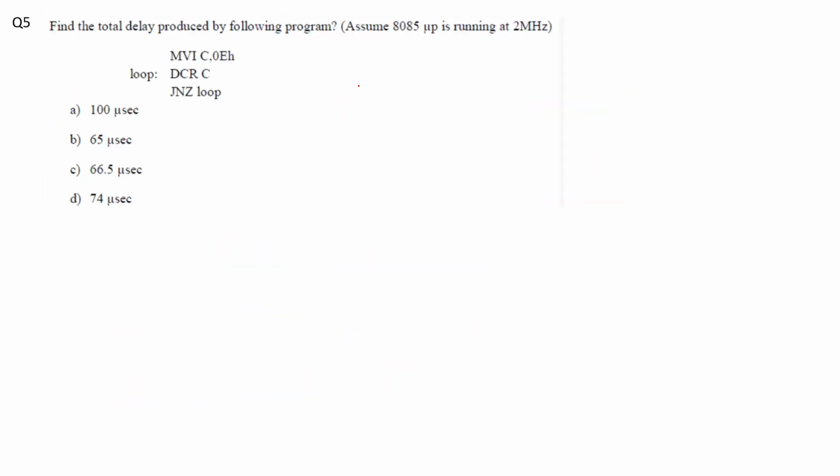Now we have this question, which is to find the total delay produced by the following program. Assume the 8085 microprocessor is running at a 2 MHz clock. The symbol mu stands for micro, and P here stands for processor. So in short, we write microprocessor is running at a 2 MHz clock.